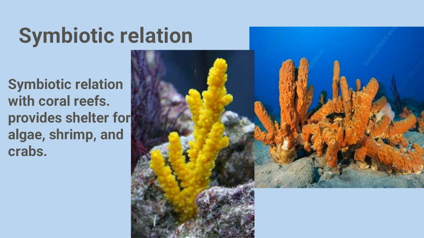The algae, shrimps, crabs use these sponges for shelter, and as a result these organisms provide sponges some food. So basically, part of the digested food is received by the sponges. So they actually form a symbiotic relationship. One organism giving food, the other organism giving shelter. So they live happily.